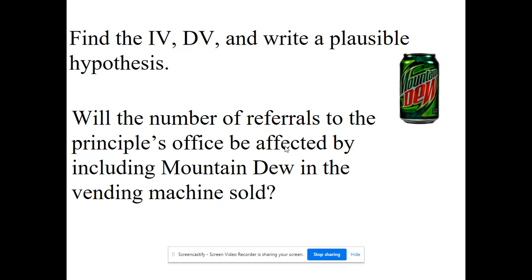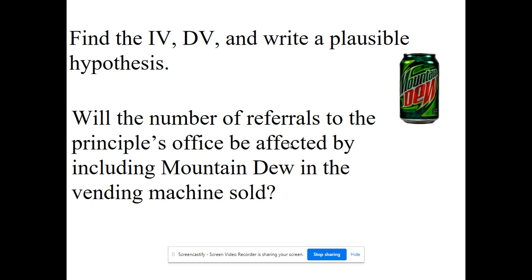I think that the Mountain Dew will be the cause and the number of referrals will be the effect. So again, the cause is our independent variable, which is the Mountain Dew, and the effect would be on the number of referrals to the principal's office. That would be our dependent variable. If we were to write a hypothesis, we might think that the extra caffeine might make students a little squirrely.